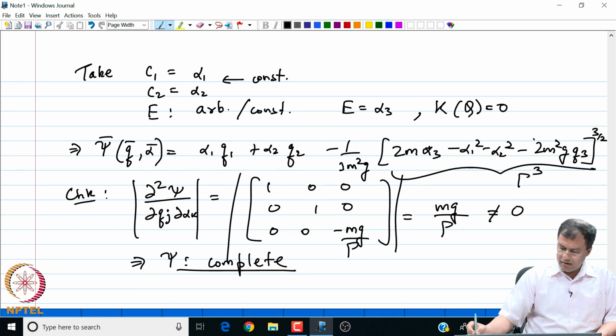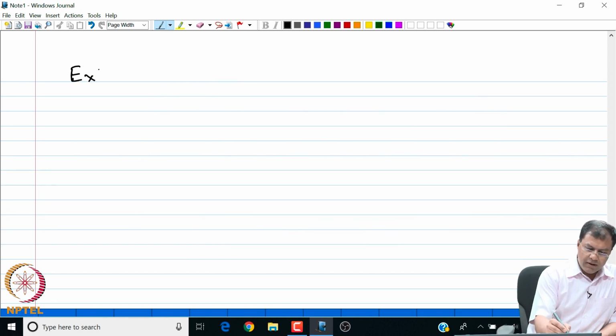The extremal is given by the solution to the following set of equations.